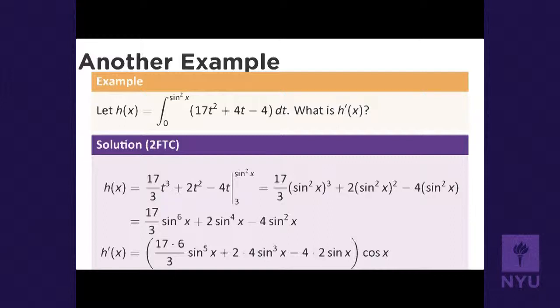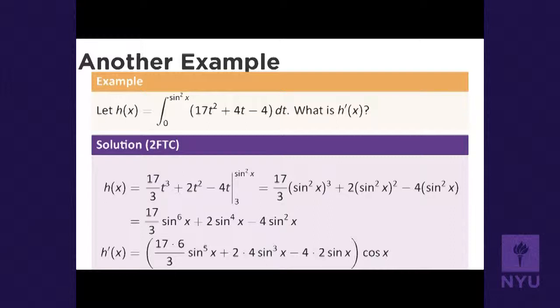So the derivative of the function which integrates up to sine squared x of all this stuff is all this stuff with the variable substituted for sine squared x. So we have 17 sine squared x squared plus 4 sine squared x minus 4. So each instance of t gets a sine squared x replaced. Now, sine squared x is still a function of x. So in differentiating, chain rule says you have to multiply by the derivative of sine squared x. And when you do that, you get 2 times sine x times cosine x.